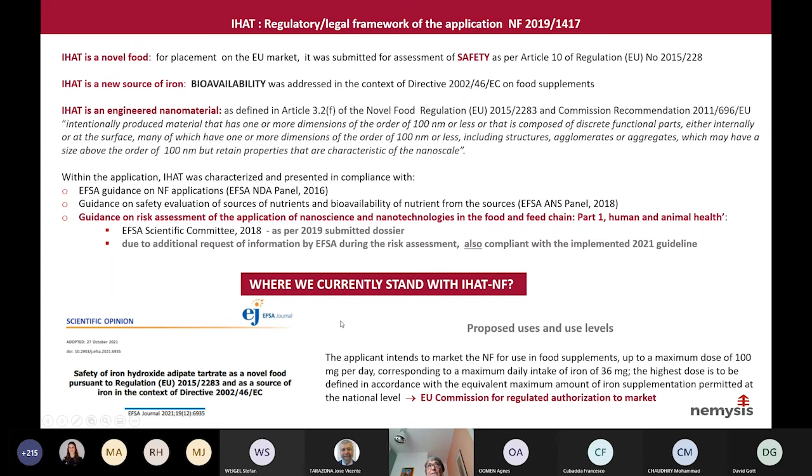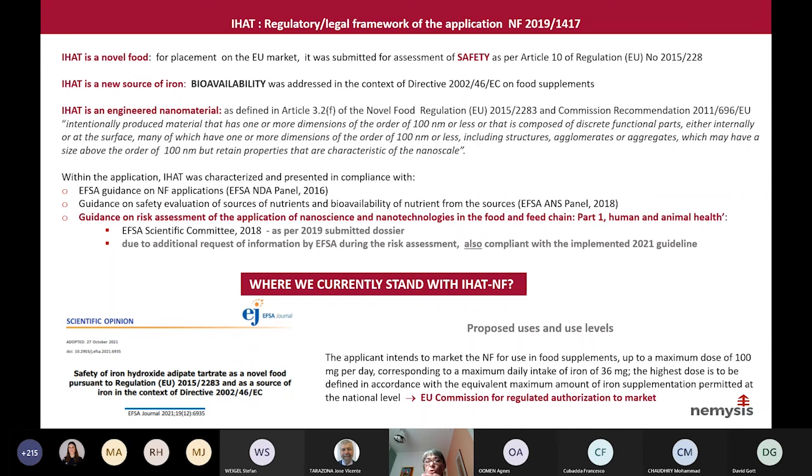Where we currently stand, the process is not completed. We received the positive assessment for the safety of the new novel source of iron, and our intention is to use the novel food in food supplements up to an IHAT content of 100 milligrams, which means a maximum dose release of 36 milligrams of iron.